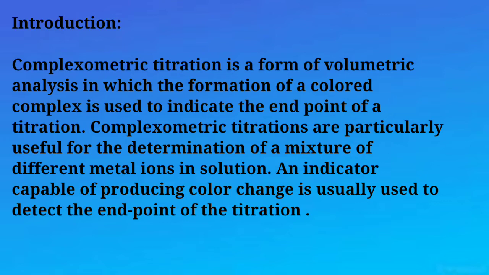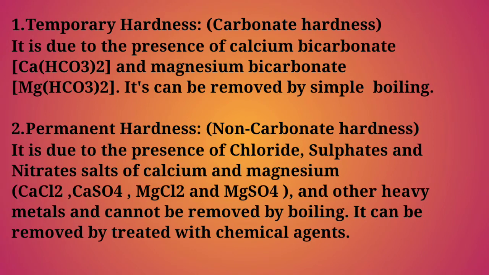Students, before the EDTA method, we need to know about hardness and its types. Water has two types of hardness. Number one is temporary hardness and number two is permanent hardness. Temporary hardness is due to the presence of bicarbonates of Ca2+ and Mg2+.